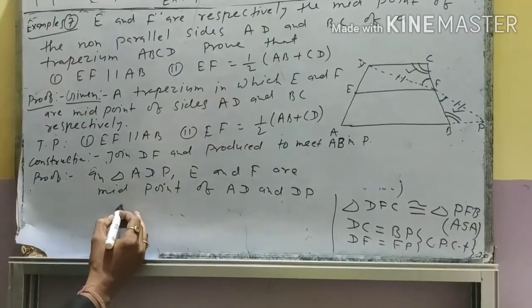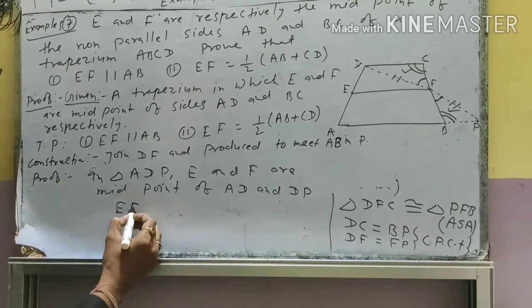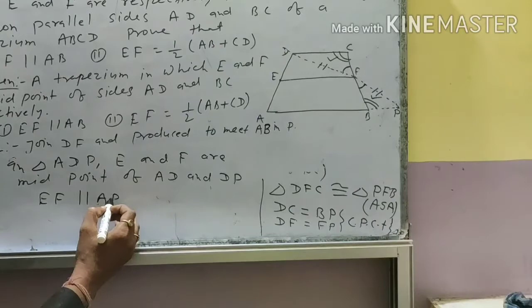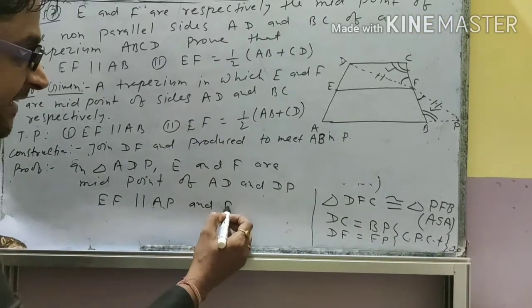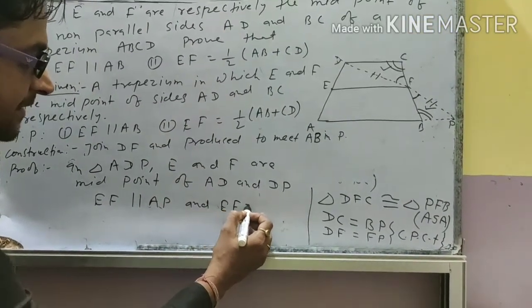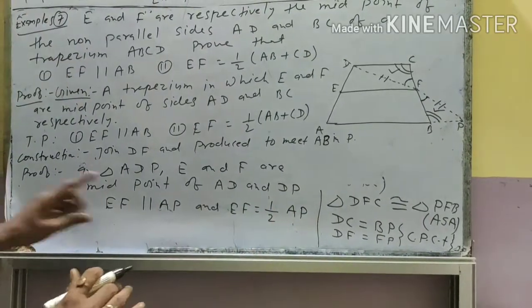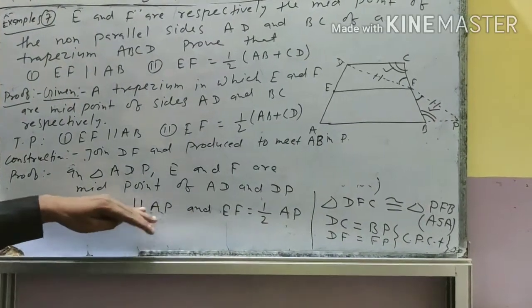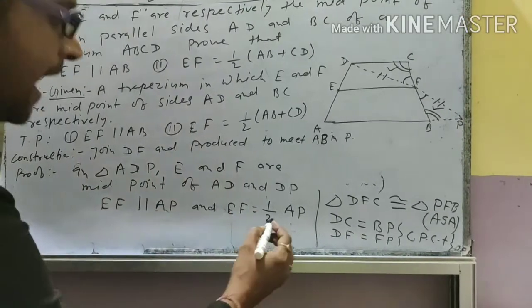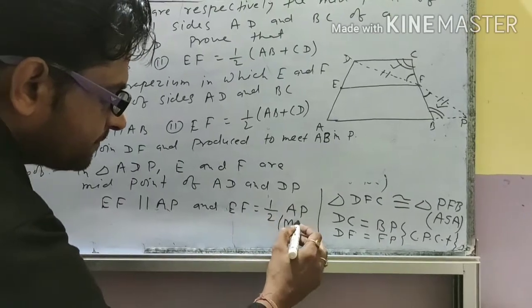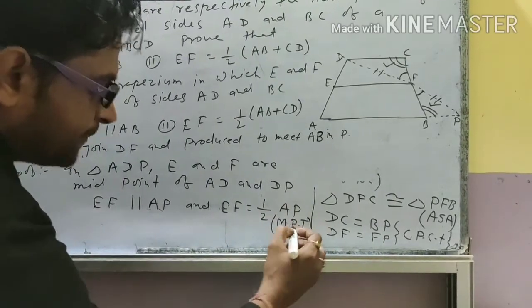So we can write here EF is parallel to AP and EF is equal to half AP. Here are two different results from the midpoint theorem concept. Write down here MPT, midpoint theorem.